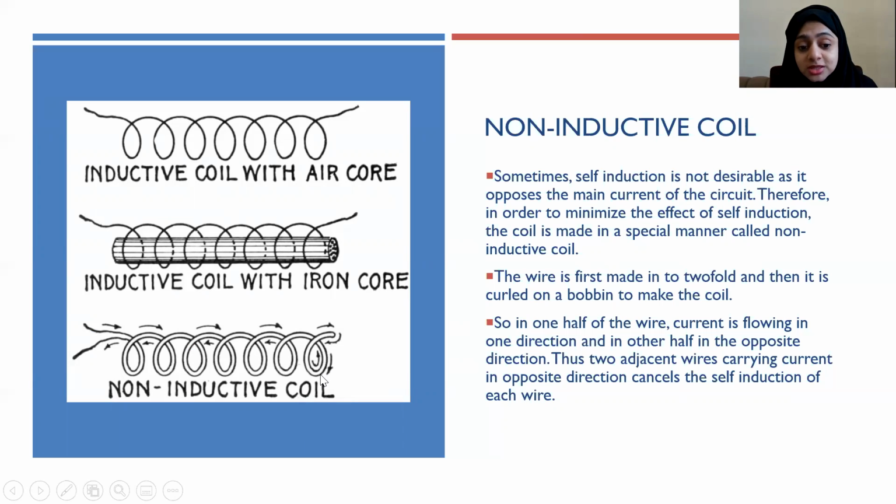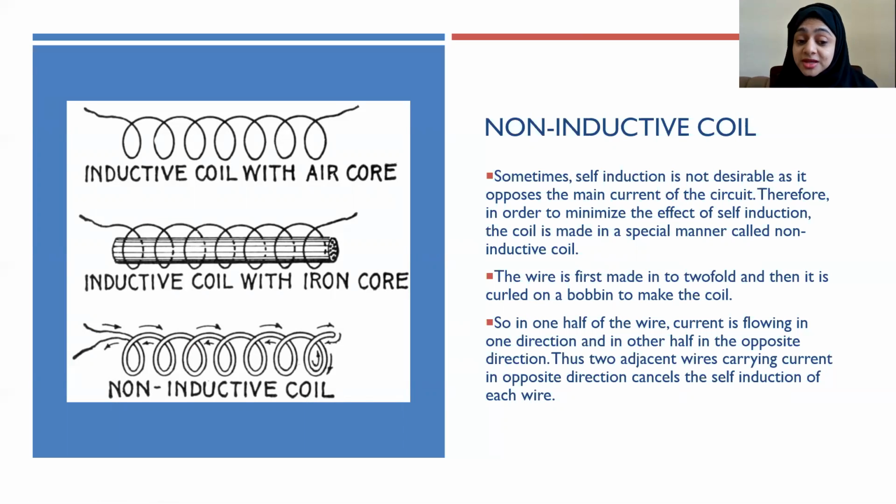Here current is going in this direction, while the nearby wire, you can see it is in the opposite direction. So the EMF induced by this current will be in one direction and the EMF induced by this neighboring wire will be in the opposite direction. So what happens? They cancel each other.